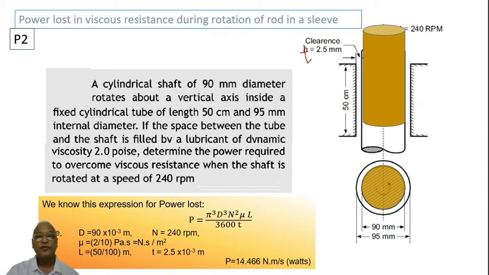So now P comes out to be 14.466 Newton meter per second, or watts.